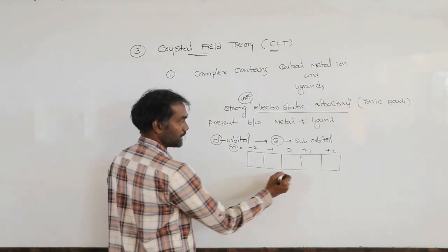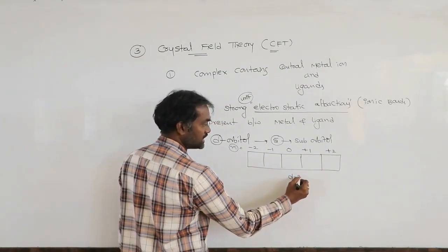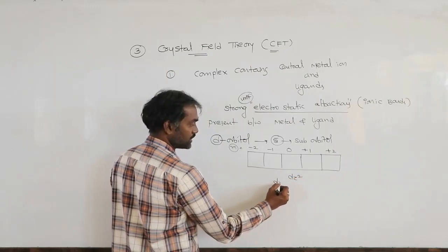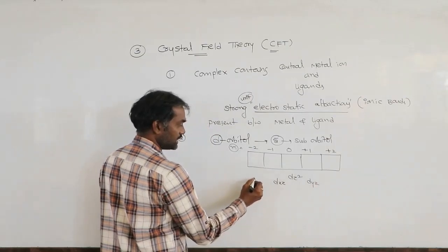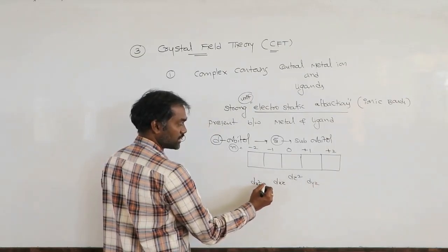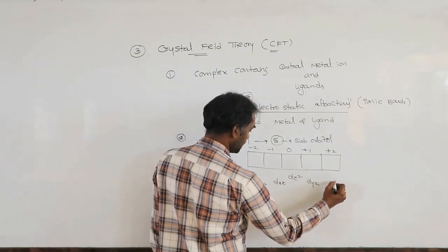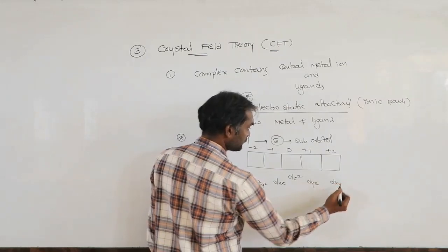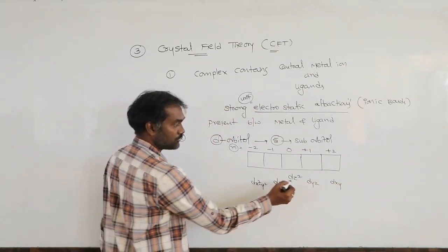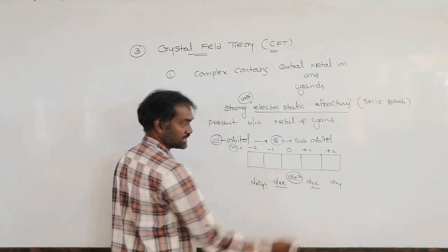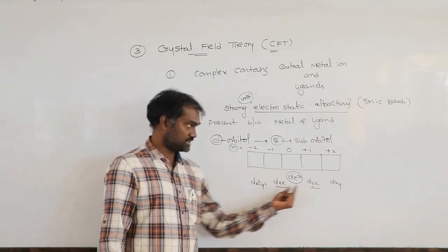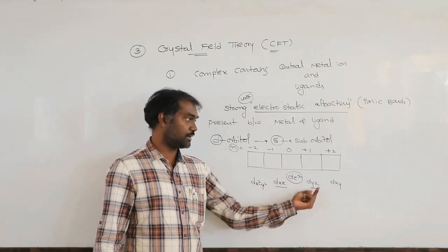The central one is dz square. Next dxz, dyz, then dx square minus y square, and dxy. The middle one is z, the next ones are related to z, and the last one is without z combination.